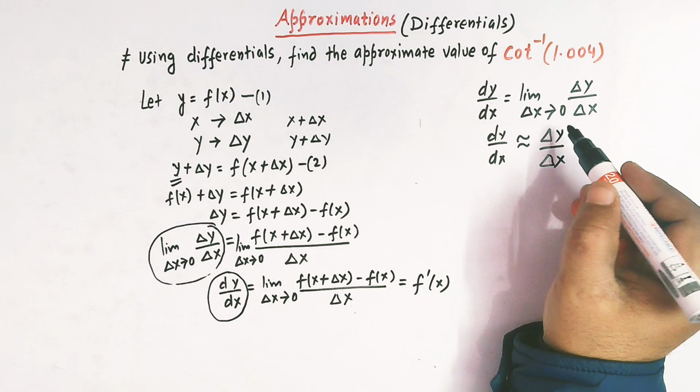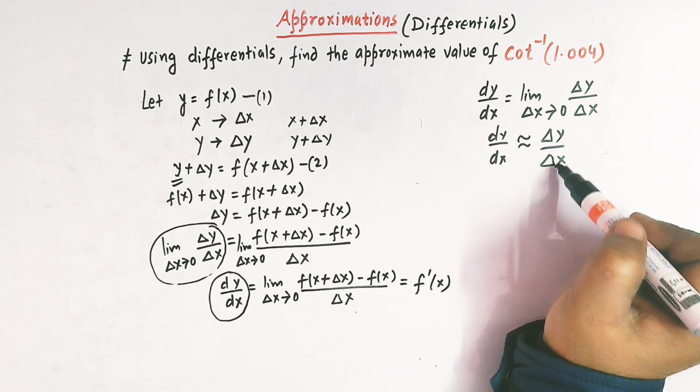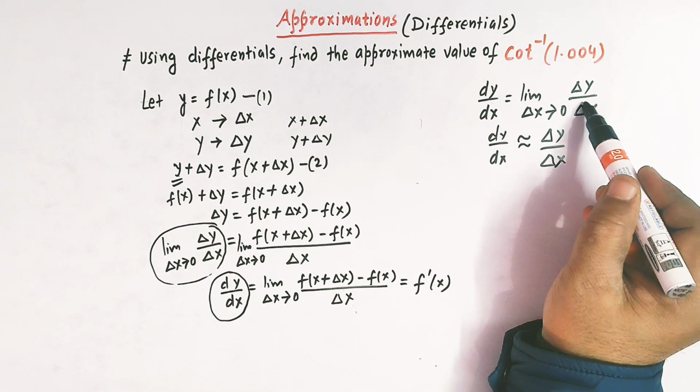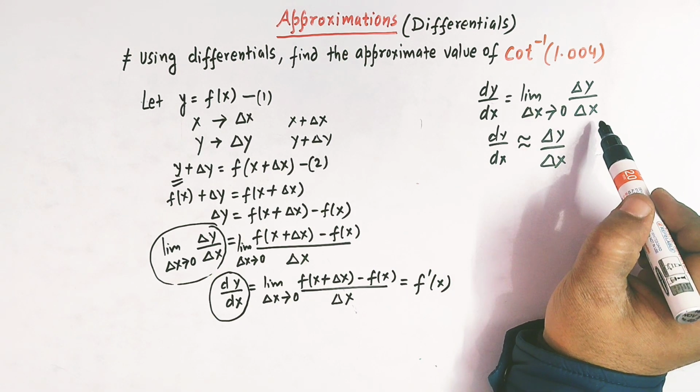So here we approximate dy over dx as delta y over delta x, because delta x being a very small quantity approaches 0, right?